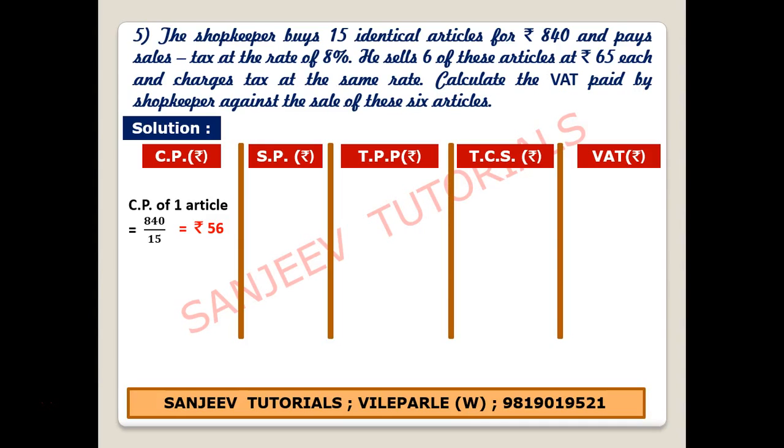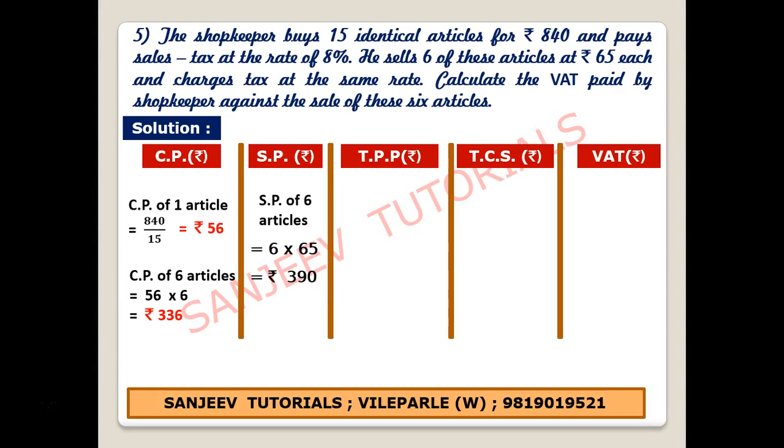So I am going to calculate right now the cost price of 6 articles. Cost price of one article is rupees 56. So cost price of 6 articles will be 56 into 6, that is rupees 336. Selling price of one article is rupees 65. So selling price of 6 articles will be 65 into 6 equal to rupees 390.